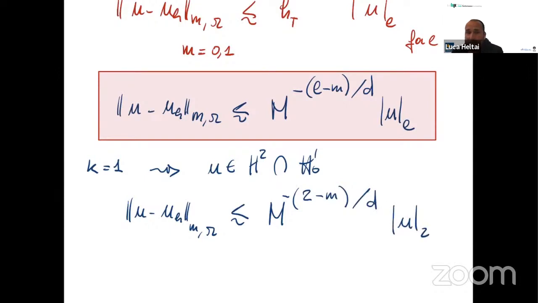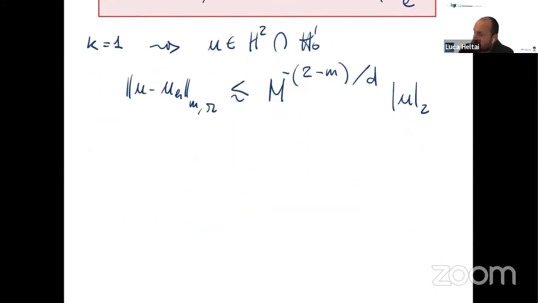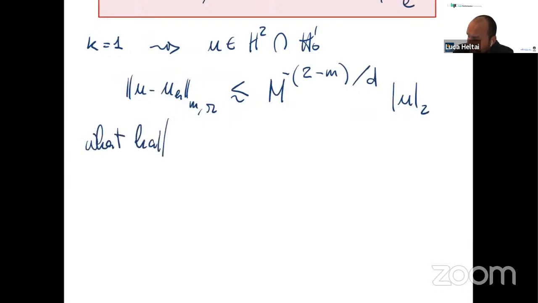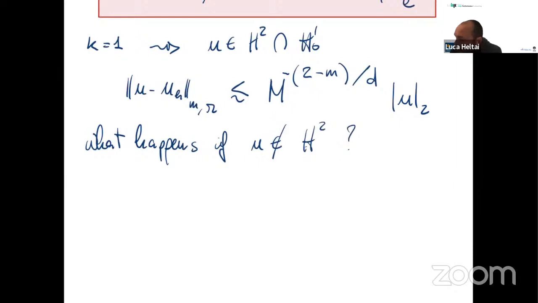Okay, and what we are actually saying is that this is perfectly fine if you have a function which is in H2, and we would like to understand what happens if the function is not in H2. So if it's less regular, can we make a grid which is locally refined and for which this rate that I see here is the same that you would have had with a smooth function?